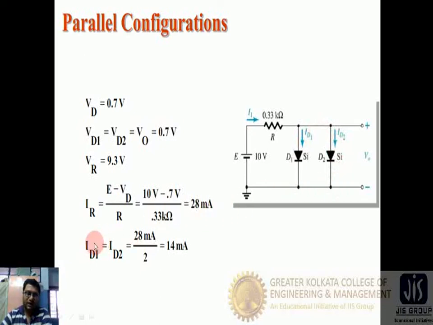So each diode carries 28 divided by 2, which equals 14 milliamperes of current. So this is a mathematical expression of how we can find the currents and voltages at the output and through the diodes. Problems of this type may come in your exam.